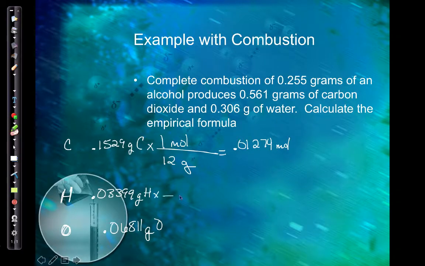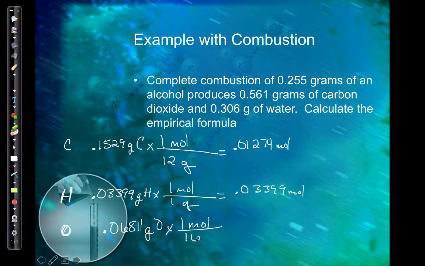Do the same thing for the hydrogen. And then do the same thing for the oxygen. That's 0.00425. All right, now divide by small. So we're going to divide by 0.004 for everything.